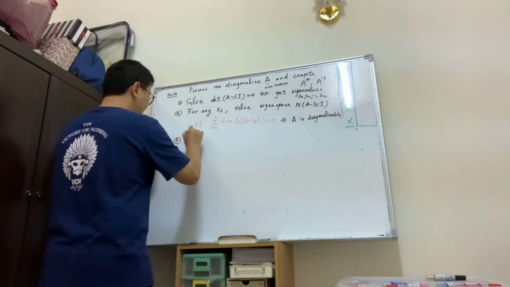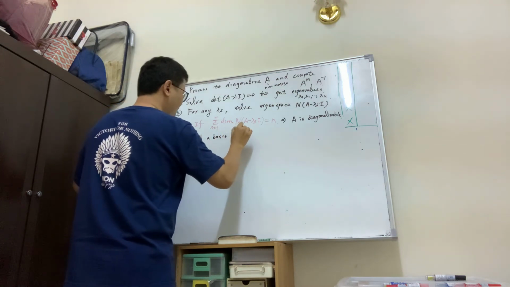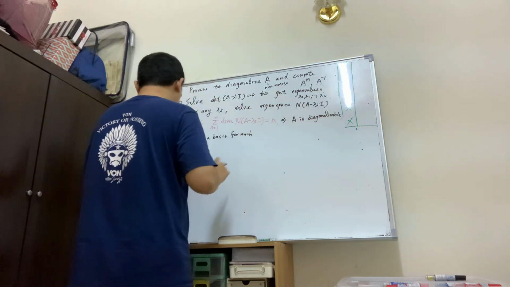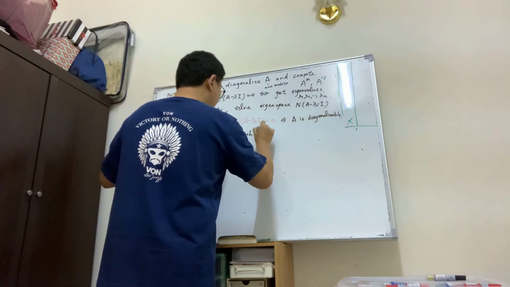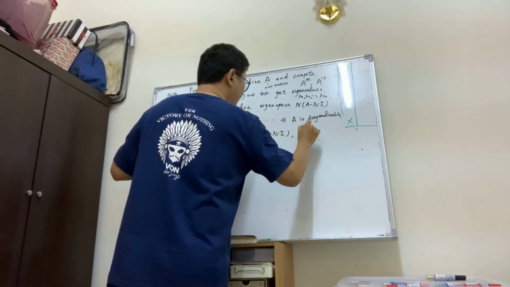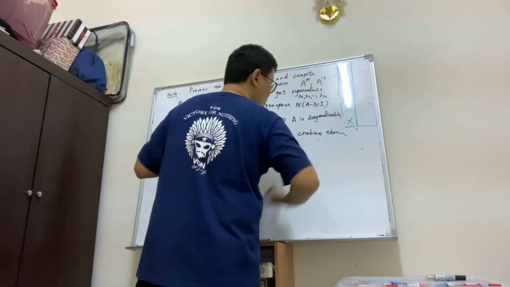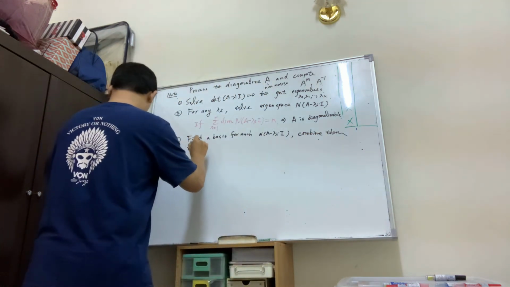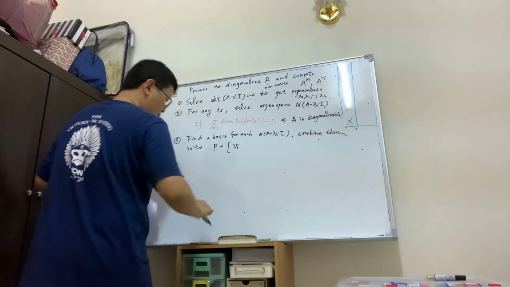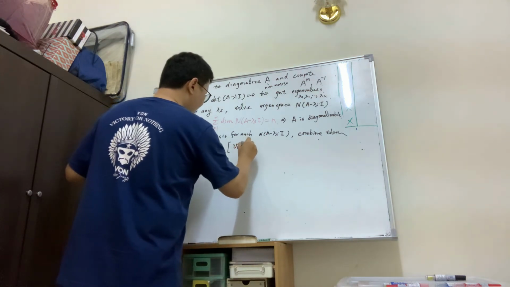Just find a basis for each null space of A minus lambda i I, meaning we find eigenvectors for each, and then we combine them into the matrix P, with columns b1, b2, until bn.